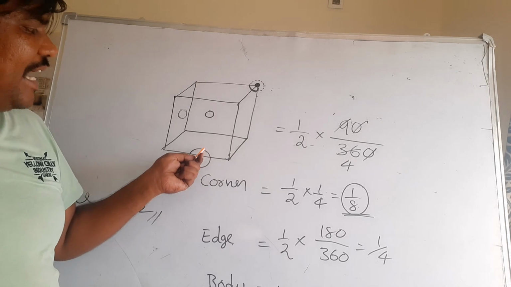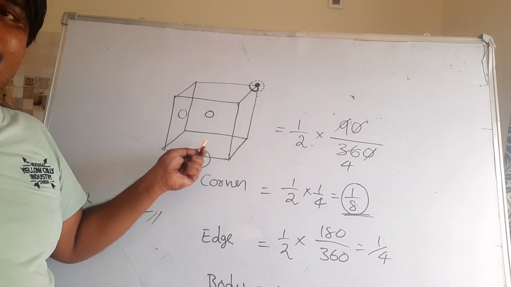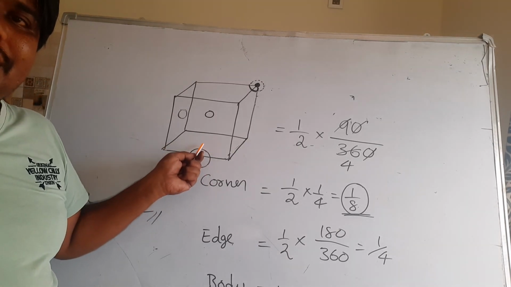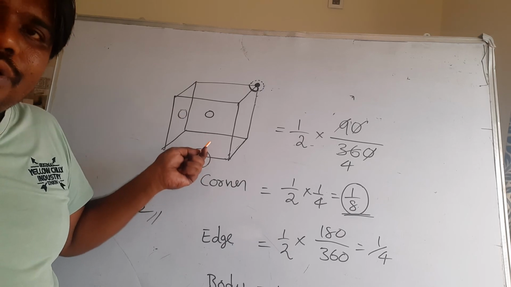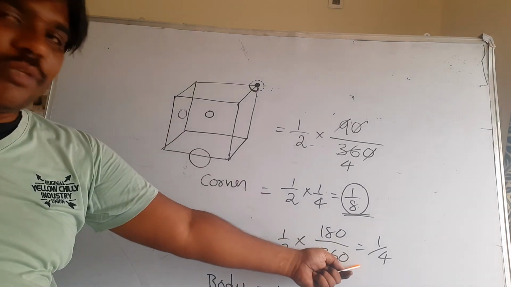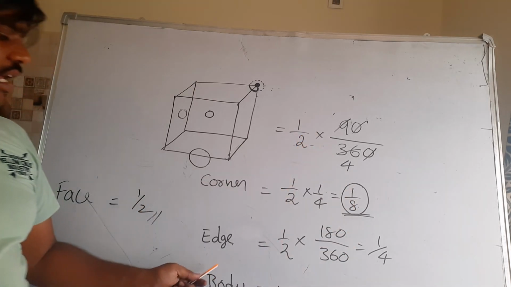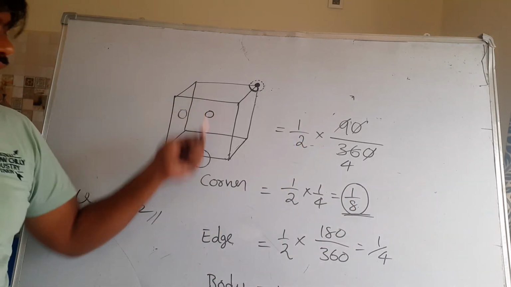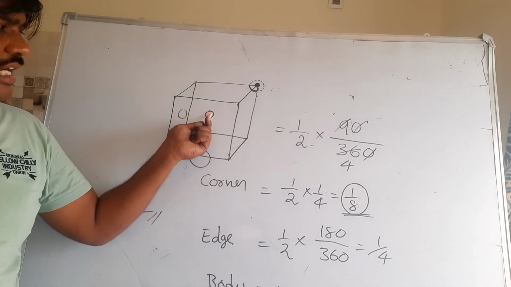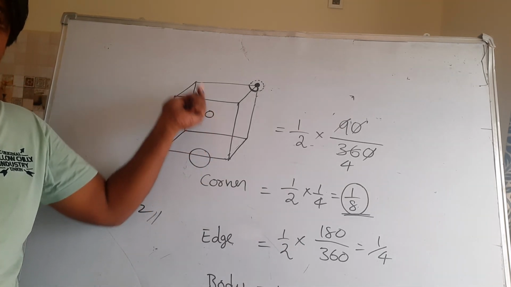Right? If a lattice point is on an edge, its contribution towards the unit cell is 1 by 4th part. The rest of the part is with other unit cells. If a lattice point is at the body center, this body center lattice point completely belongs to this unit cell.